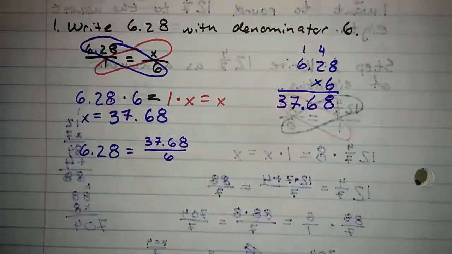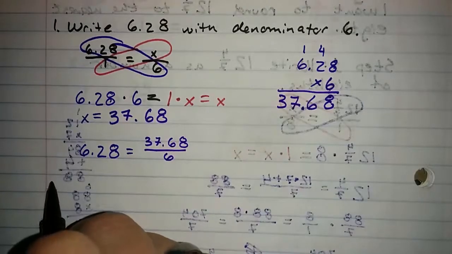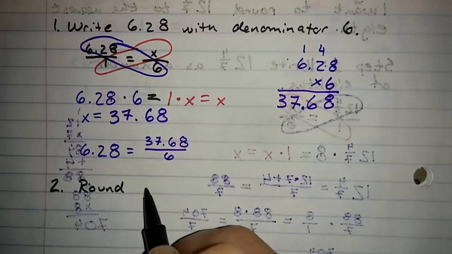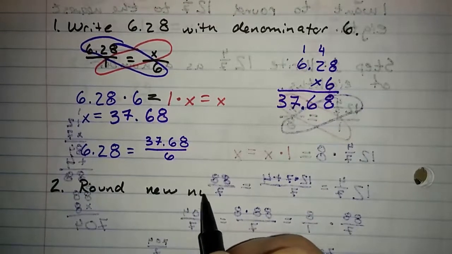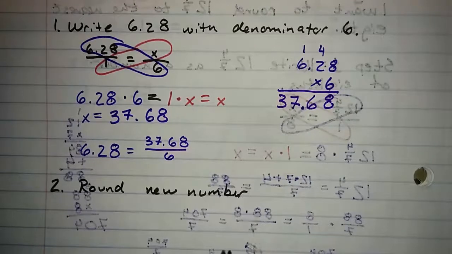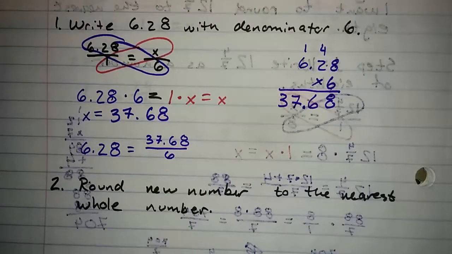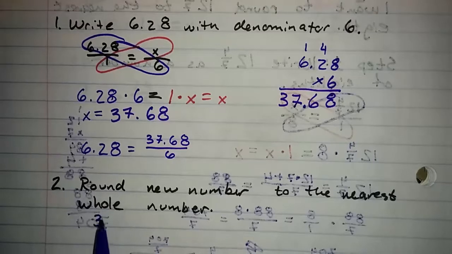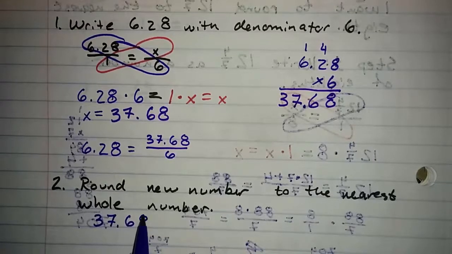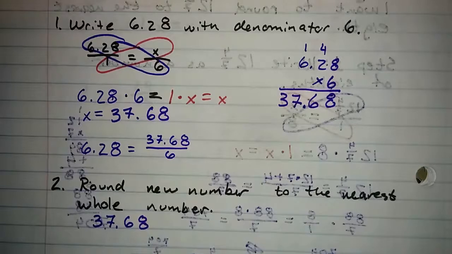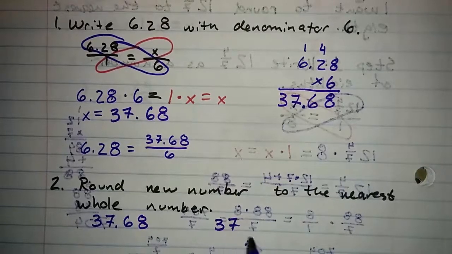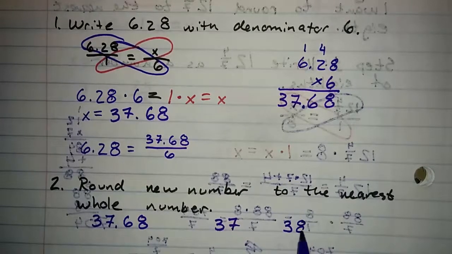sixths. Now I round the new number to the nearest whole number. This is a little bit easier, right? Because this is a decimal. 37.68 is between 37 and 38.